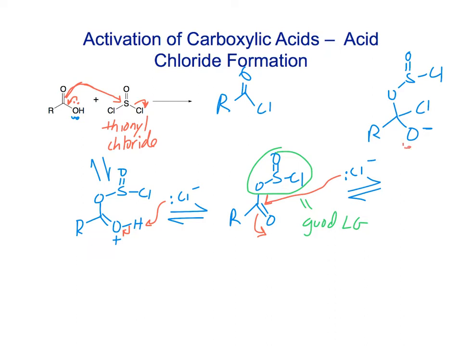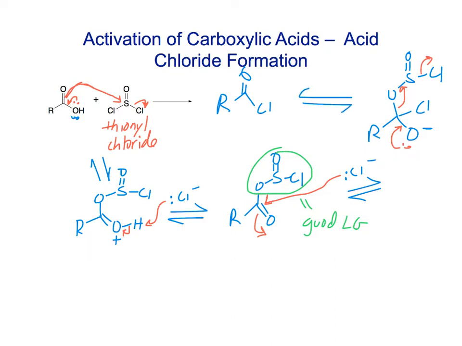And let me show you how this works. So this is going to come down to reform our carbonyl. The carbon-oxygen bond is going to go all the way up here and make a carbon-sulfur double bond. And chloride is going to come off. Okay, and so we're going to go back this way.